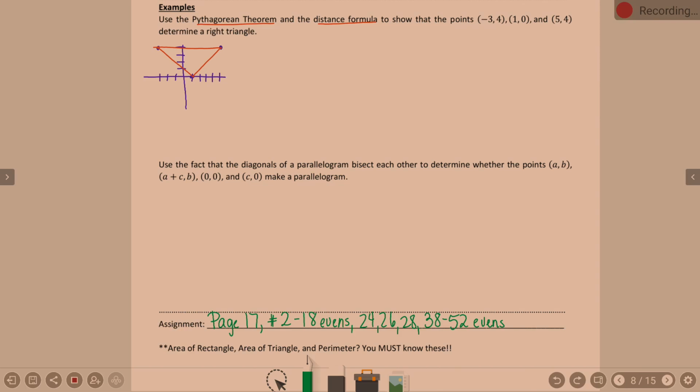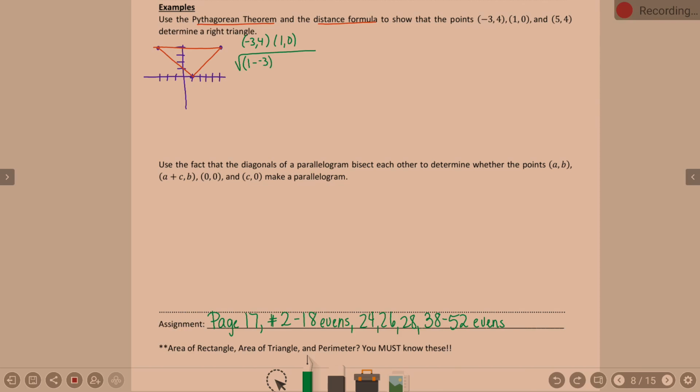Okay, let's pick 2 points: -3, 4 and 1, 0. Okay, so distance formula: it's x2 minus x1 squared plus y2 minus y1 squared.